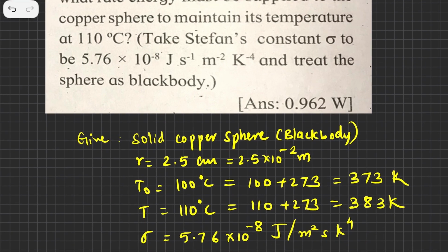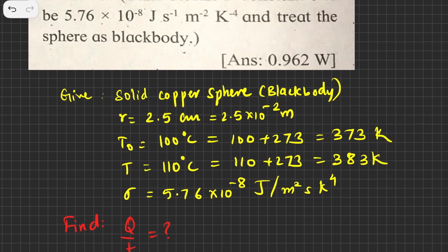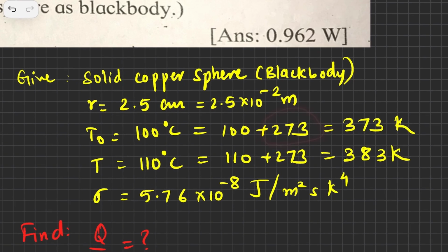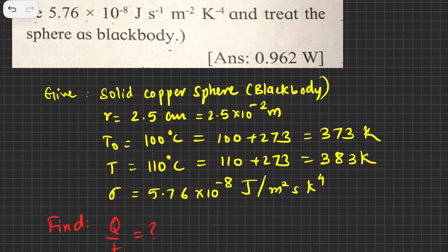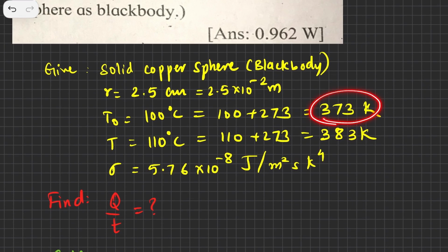So I just put that into a given form. There is a solid copper sphere. It's a black body we have considered. The question says that it's 2.5 centimeters radius, that's multiplied by 10 raised to minus 2 in order to convert centimeters to meters. Temperature of the surrounding is 100 degrees Celsius, that needs to be converted to Kelvin, so 100 plus 273 gives me 373 Kelvin.